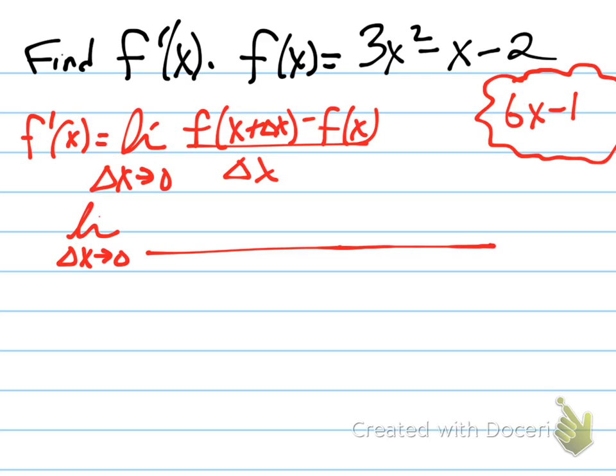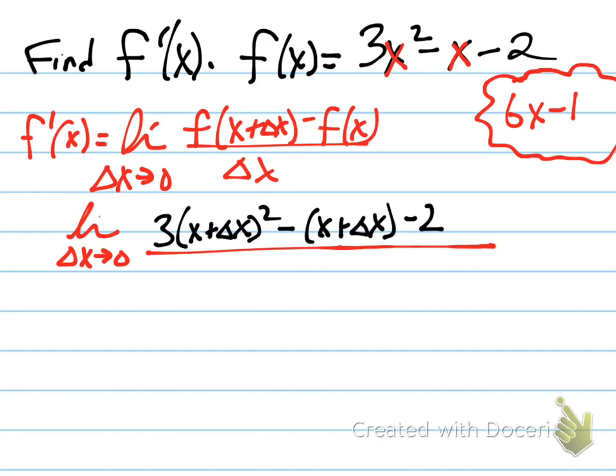So f of x plus delta x over delta x. Everywhere I see an x, I'm going to replace it with x plus delta x. So very patiently here, 3 times x plus delta x, squared, minus x plus delta x, minus 2.